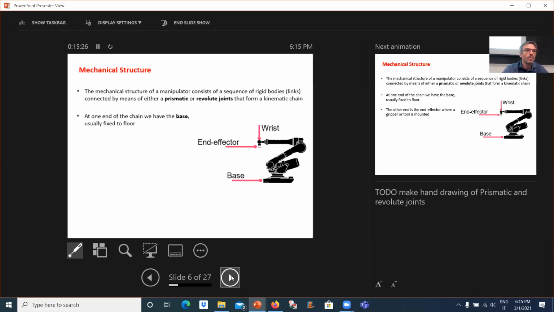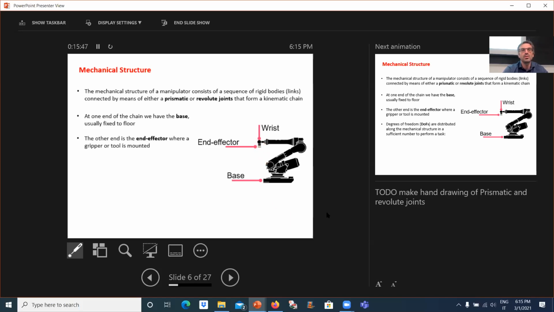At one end of the kinematic chain, we have, as I said, the base, which is fixed in case of industrial robots, moving in case of legged robots or drones. Usually fixed to the floor in case of industrial robots. And at the other end, we have the end effector.